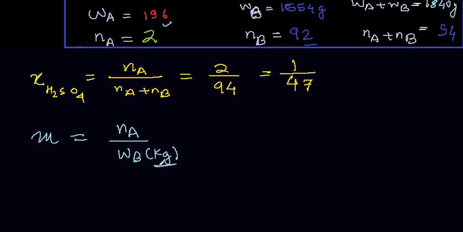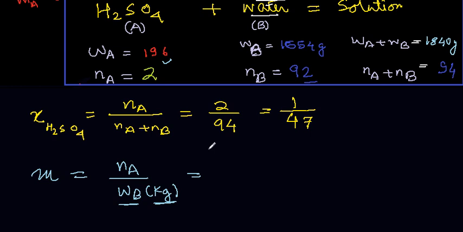So we are going to consider the weight of the solvent in kg. The number of moles of solute, sulfuric acid, is 2 moles, and the weight of B is 1654 gram. Since it is in gram and we want it in kg, we'll divide it by 1000.